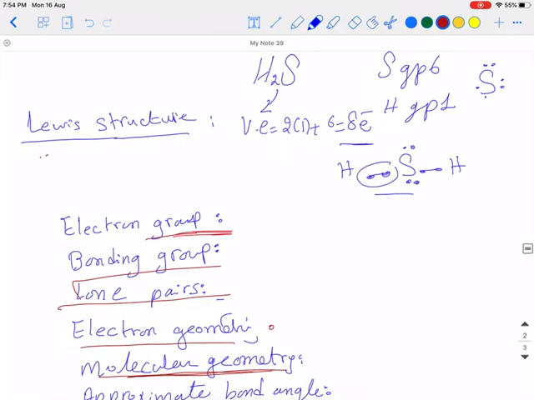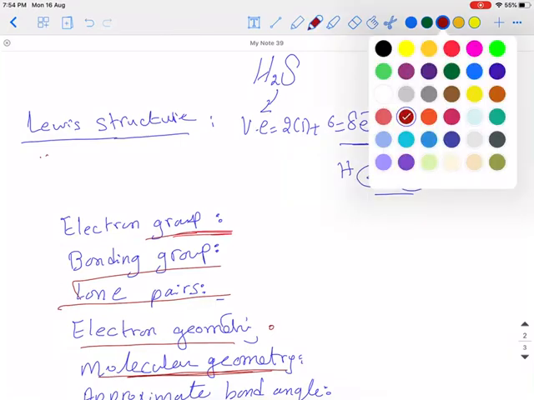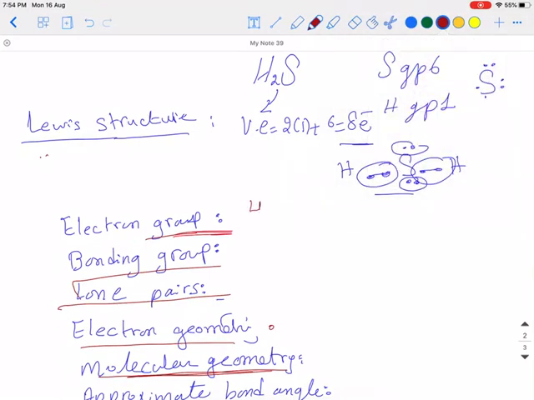Now let us answer the questions. Electron groups, we have 1, 2, 3, 4. So according to the electron groups, we have 4. Bonding only 2. And we have here 2 lone pairs. So the effect of lone pairs is high. For 4 electron groups, the electron geometry is tetrahedral, as you've seen.